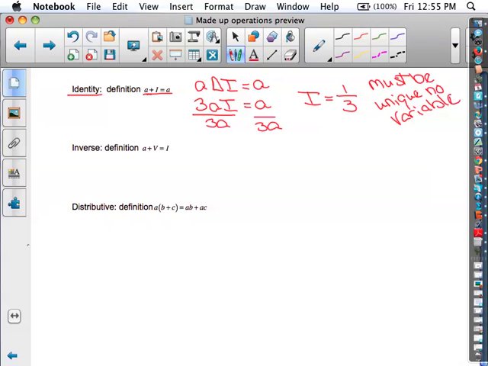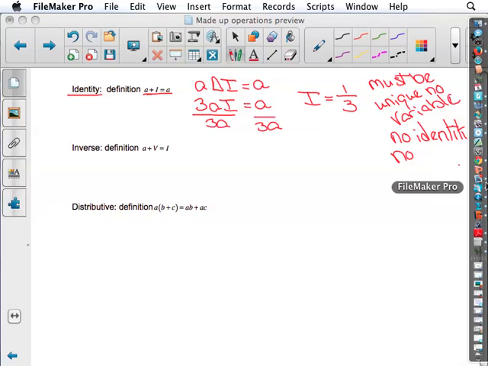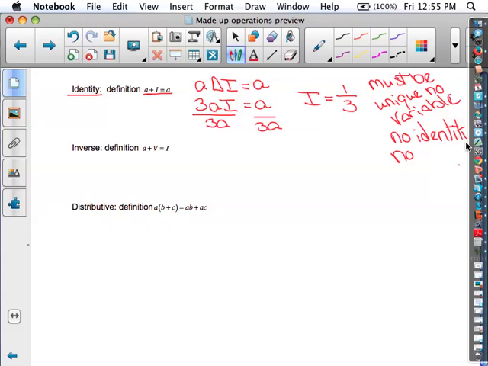Also, if there is no identity, there will be no inverse. This operation, we see, however, does have an identity, and the identity is 1/3.